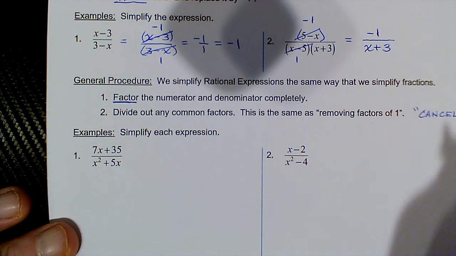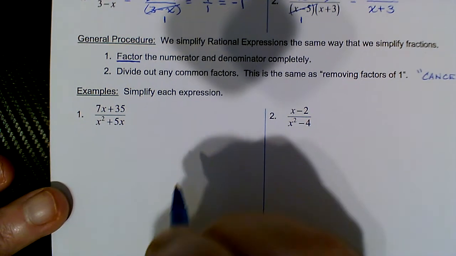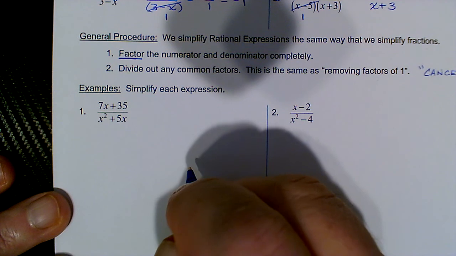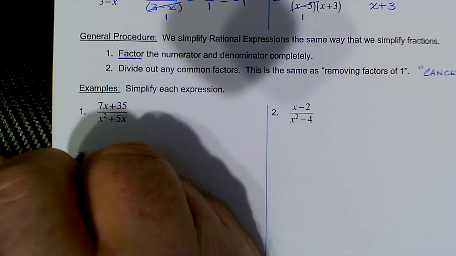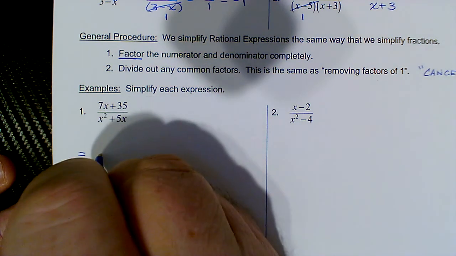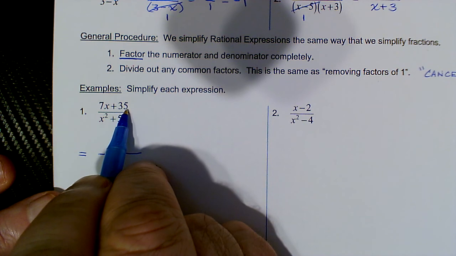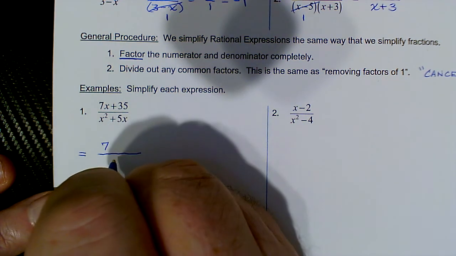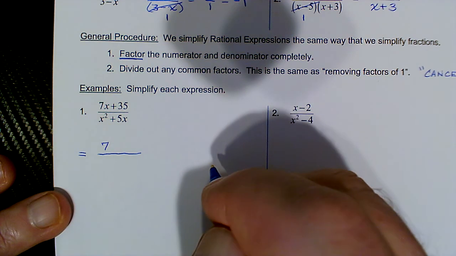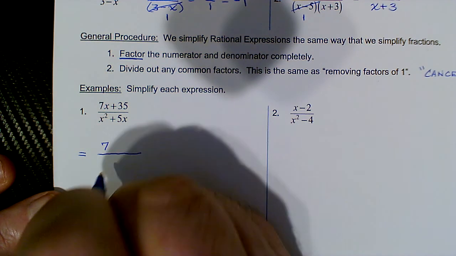So remember, the first thing when factoring is to look for the greatest common factor. And for the numerator, so you keep the fraction bar. And in the numerator, between 7x and 35, a 7 is common. And if you have to get some scrap paper and go off to the side and work through the factorizations, that's fine. But 7 is common. And we'd open up a set of parentheses.